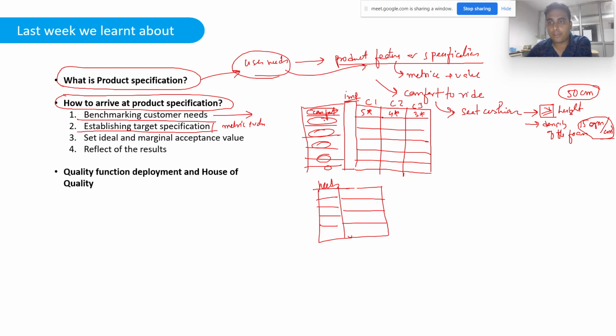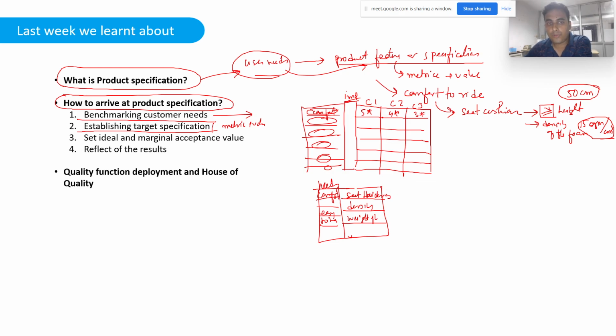For example, as I told before, comfort to ride can be seat cushioning thickness, or it can be the density of foam. Likewise we can have another need. This is comfort. Another need can be easy to handle. So that means a specification can be the weight of the bike.